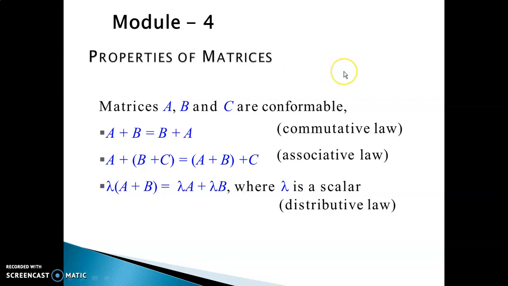In the third module, which was the most important module, we studied the various operations performed on matrices: addition, subtraction, scalar multiplication, and the multiplication of two matrices. So in this module, we will study the various properties satisfied by the matrices.